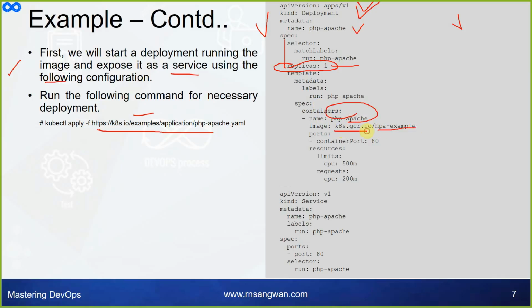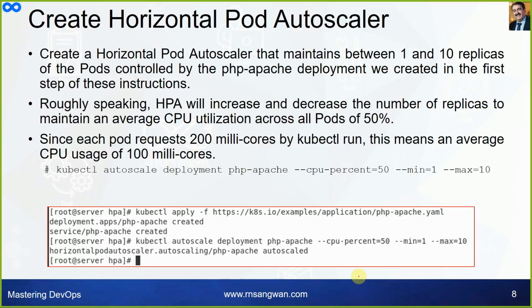It is available under the k8s repository, port number 80. Resource limits CPU 500 millicores, requests CPU 200. Then we are creating a service, attaching it to the label selector php-apache, the one created in the deployment. So this is the relationship setting.